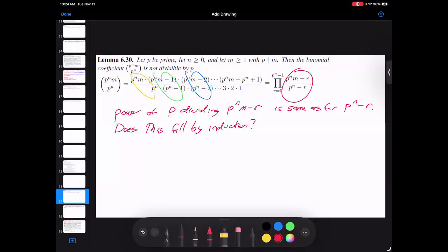Another way is to say, we know p does not divide m. So we can write r as p to the a times, let's say b, where p does not divide b. And what can you tell me about a relative to n?